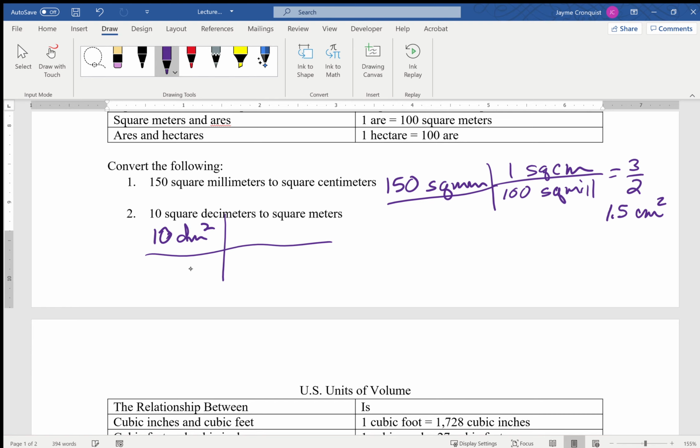We know that in 1 square meter, I have 100 square decimeters. So this is going to be 1 over 10 once I simplify that down, which is 0.1 square meters. 10 square decimeters is 0.1 square meter.